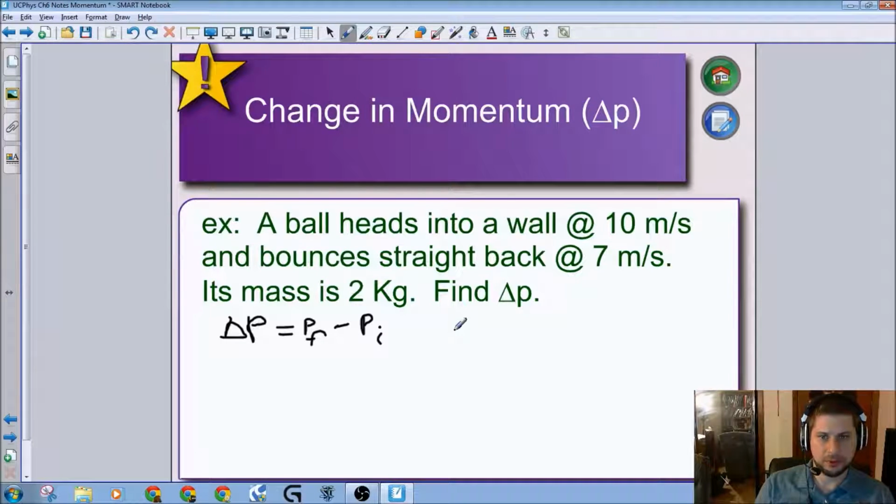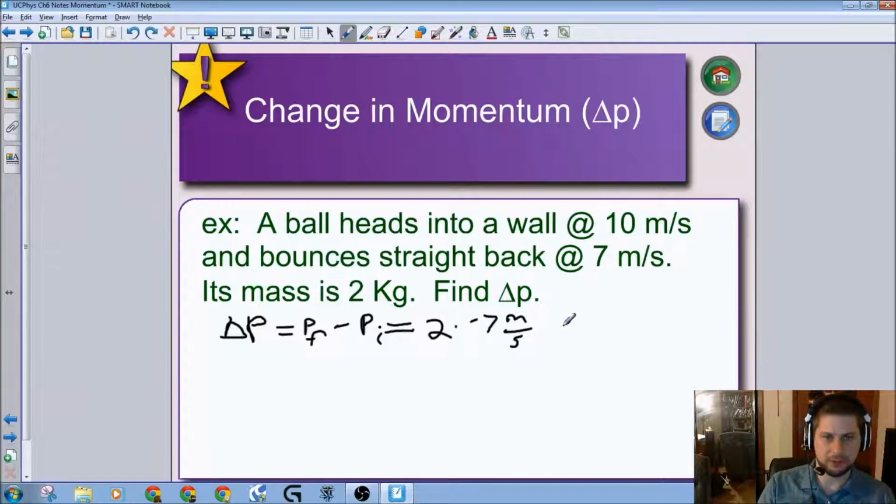So let's keep going along here. P final, okay, what is the mass? A ball heads into a wall at 10 meters per second and bounces straight back at 7 meters per second. Its mass is 2 kilograms. Find the change in momentum. Well, in the end, the mass of the ball was still 2 kilograms times, now we're saying back at 7 meters per second, so I would use negative 7 meters per second.